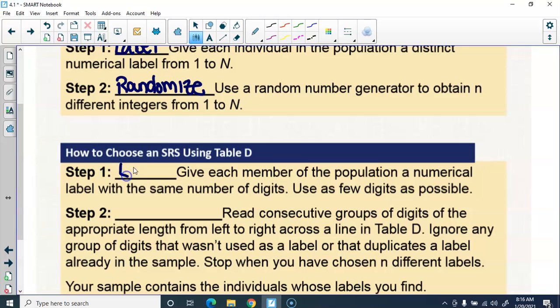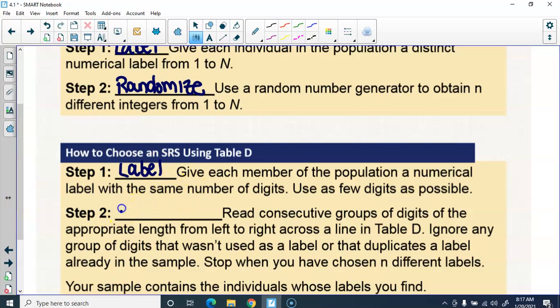So again, we want to label everyone, giving as few digits as possible. So if we have 50 people in our population, then we want 2 digits per person. You always want to look at how many there are total, and then each person should have that many digits in their label.